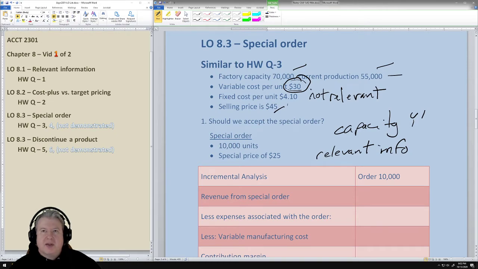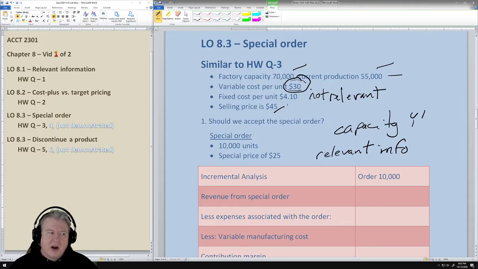Now remember, that 80, we've already figured out how to price those 80, because those were our regular units, to cover the rent. In other words, the rent's already been covered with the 80. So any extra, we just really want to say, can the extra ones cover the costs of building the extra bikes, because we've already got the fixed costs covered. So just be aware that the fixed cost here is not relevant.